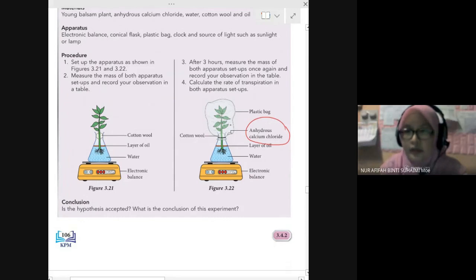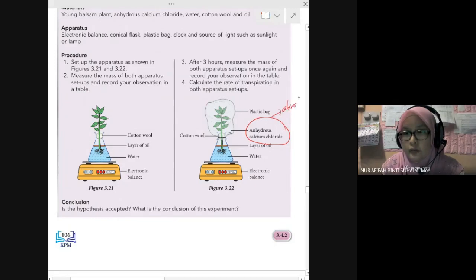No, carbon dioxide, absorb the oxygen released, and also water vapor. Anhydrous calcium chloride is used to absorb any gases or water vapor that is produced through the surrounding of the plant.